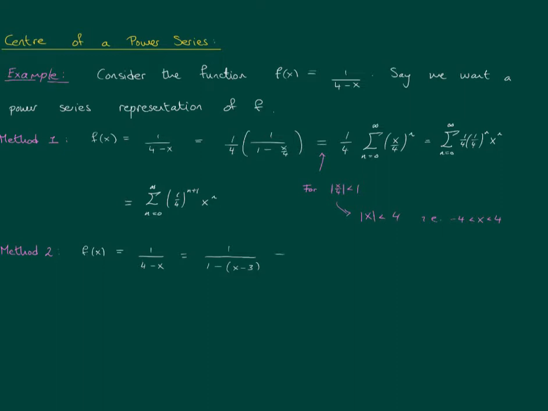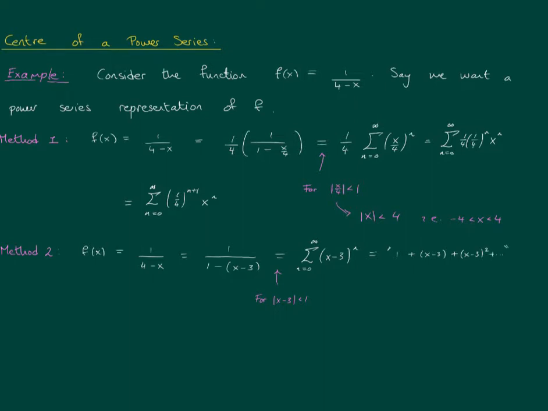Now, that's equal to, using exactly the same philosophy as if I had a w, I can plug in whatever I want, this geometric sum, as long as the absolute value of now x minus 3 has to be less than 1. So this is equal to 1 plus, in the dot dot dot notation, x minus 3 plus x minus 3 squared plus dot dot dot.